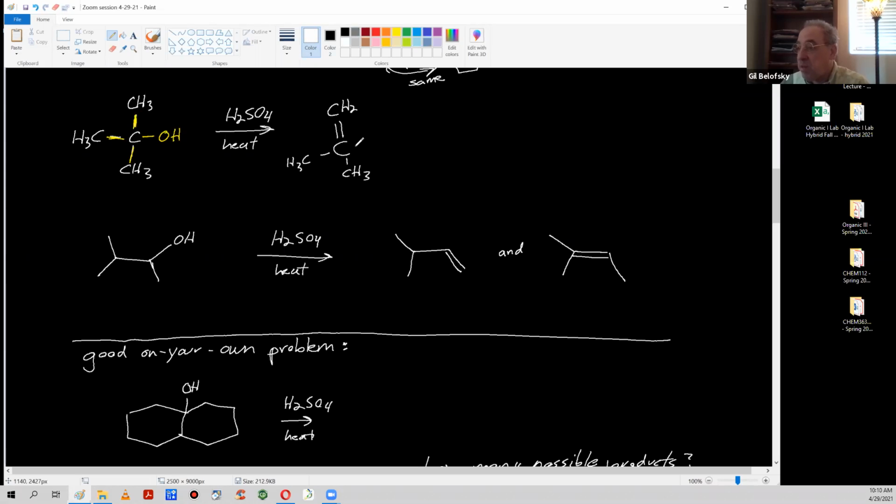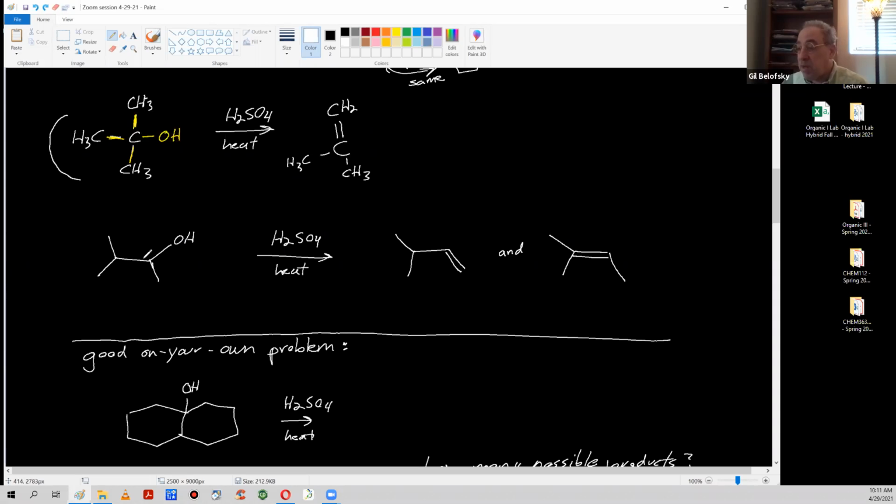In this case, this is kind of an example of how if you draw everything out with all the atoms shown at the beginning, it might be easier to see where the alkene is created and what is lost. So it's still a loss of H2O, one of these hydrogens here and the OH.